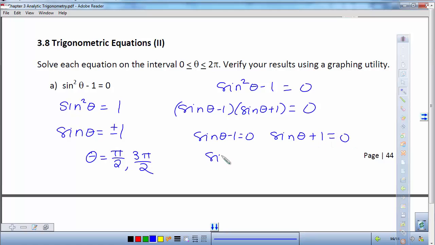We get sine theta equals 1, and so we know that means theta is equal to pi over 2. And then sine theta equals negative 1, and theta equals 3 pi over 2. So we get the same things, just two different ways. I factored in that second method. Questions about this one?